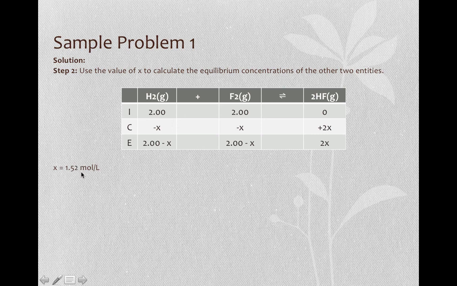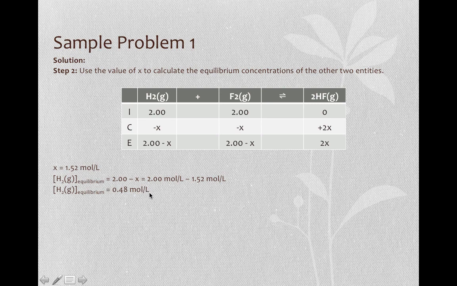Using this information, we can solve for the equilibrium concentrations for each of the other substances in this question. We know that the concentration of H2 at equilibrium is 2 minus x, and we know that from our ice table. So we just need to plug in our value for x, which we found to be 1.52. We're taking 2 minus 1.52, and we get an equilibrium concentration of H2 of 0.48 moles per liter.